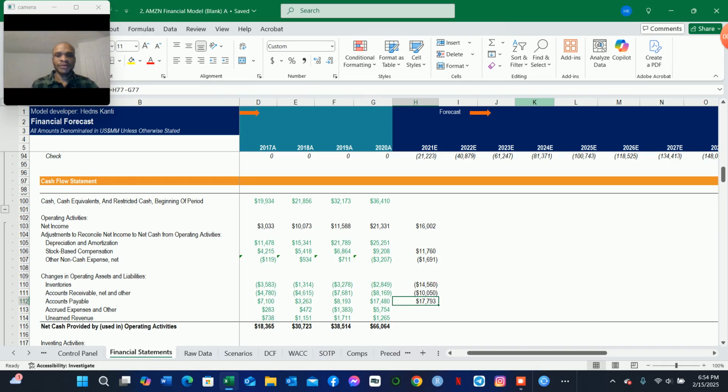So we are essentially saying here that Amazon is actually having cost savings by having an increase in accounts payable as a result. So there is cash that has been tied in accounts payable, and that makes it an investment kind of strategy for Amazon that is borrowing from its investors as a result of that.